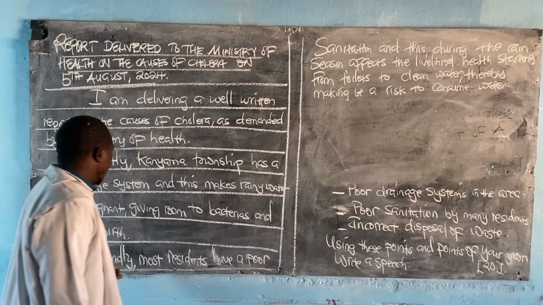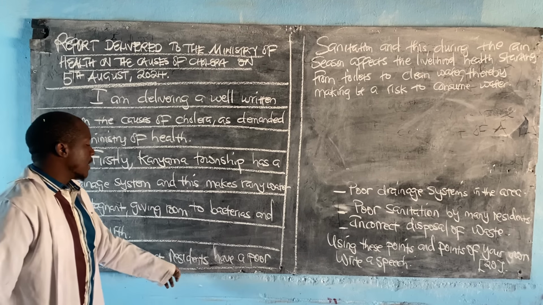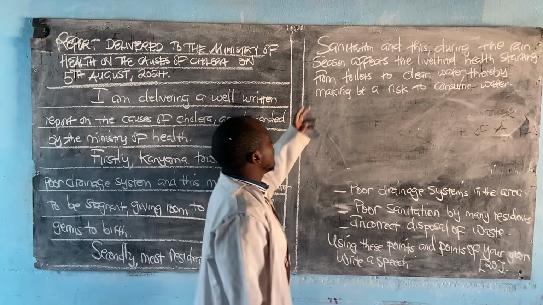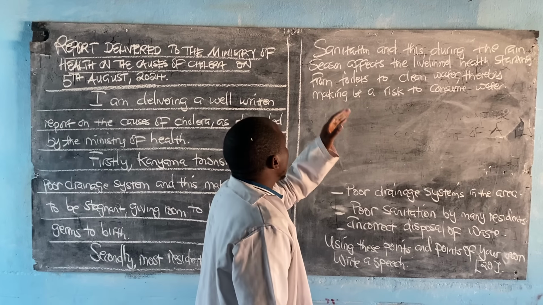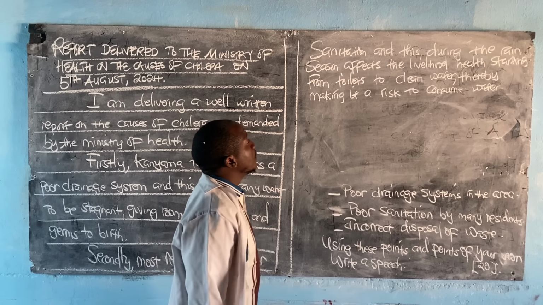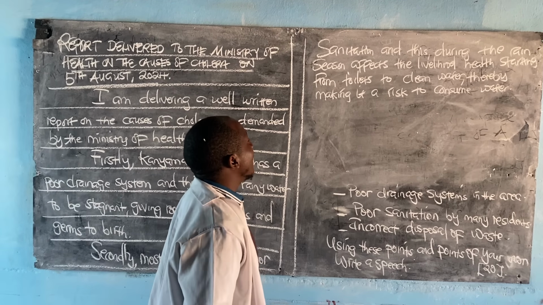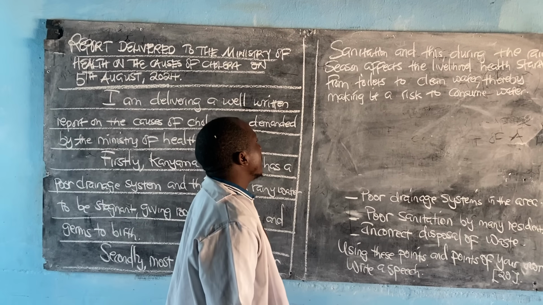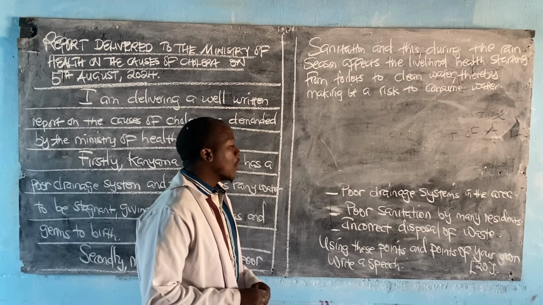So we're trying to say, secondly, most residents have a poor sanitation, and this during the rainy season affects the livelihood health, starting from toilets to clean water, thereby making it a risk to consume water.